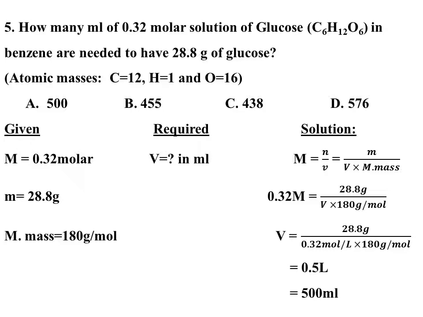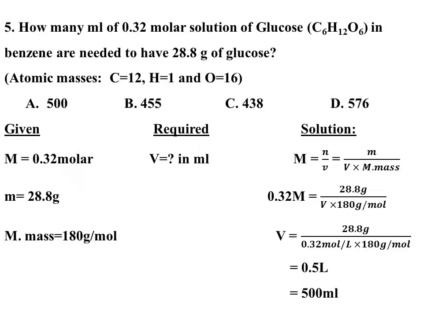Required: volume in milliliters. Solution: molarity equals the number of moles of the solute divided by the volume of the solution, which equals given mass divided by volume multiplied by the molecular mass of glucose. That means 0.32 molar equals 28.8 gram divided by volume multiplied by 180 gram per mole.